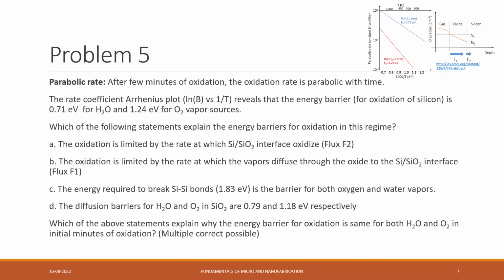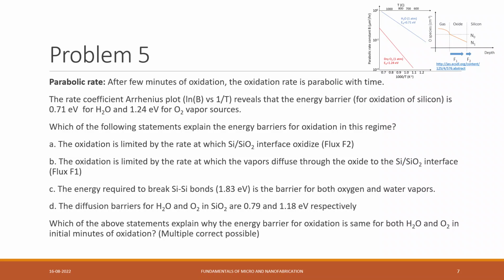So the second, problem five, is dealing with the parabolic rate. It's the same question, but here we have to tell what the reason is for this parabolic rate after a few minutes of oxidation.